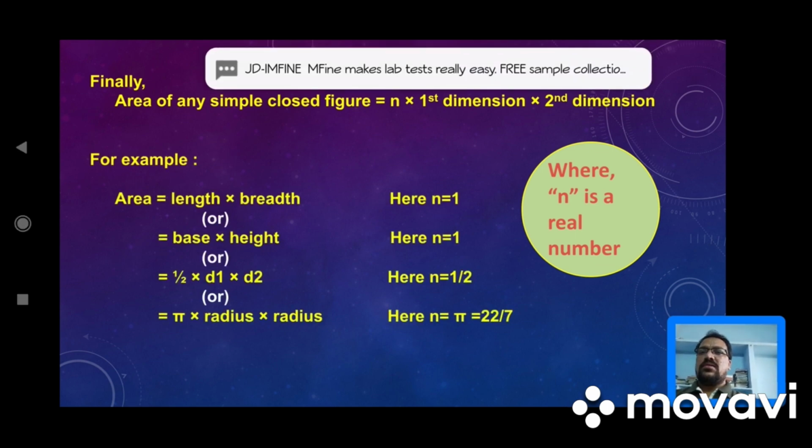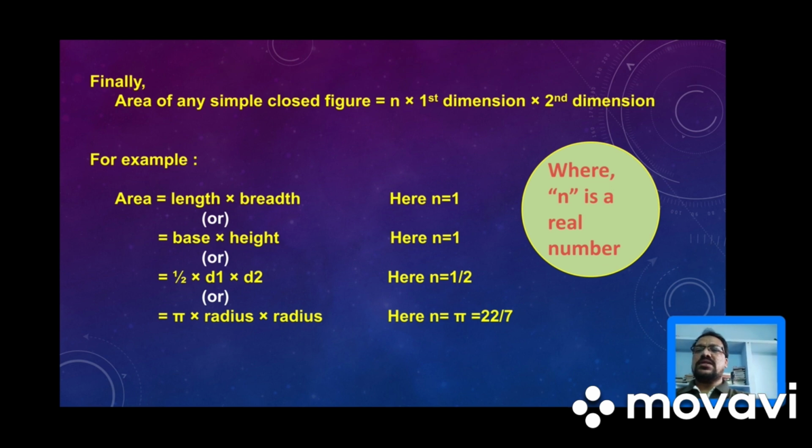For example, area is equal to length into breadth. That is, here n is equal to 1. Whereas area can be taken as base into height. Here n is equal to 1 again. Whereas area of the rhombus is half into d1 into d2, diagonal 1 into diagonal 2.